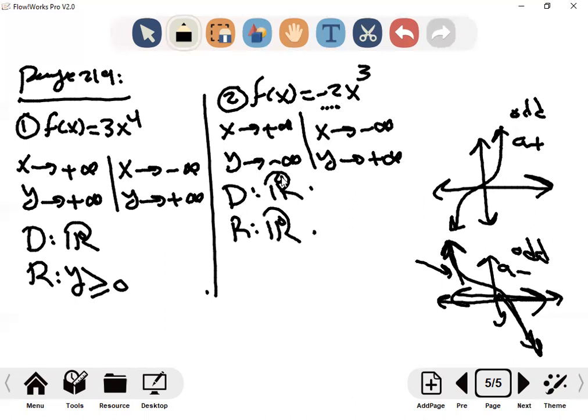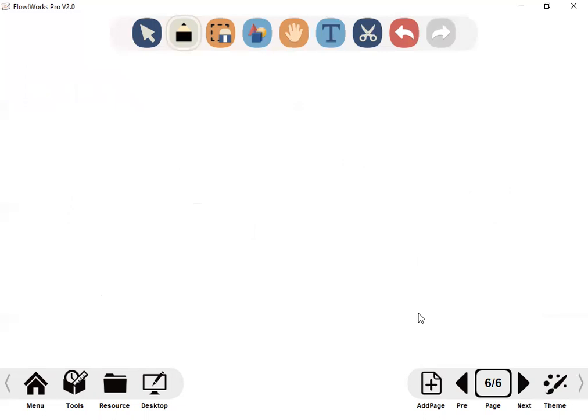Done? This is question 2. Copy if you didn't copy, please. Question 3. In question 3, we have f of x equal negative half x power 5.